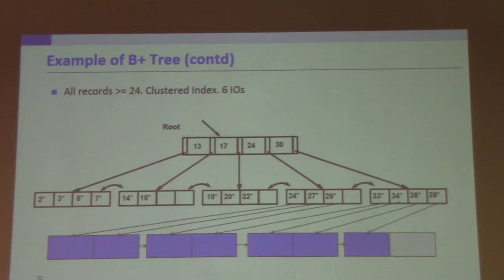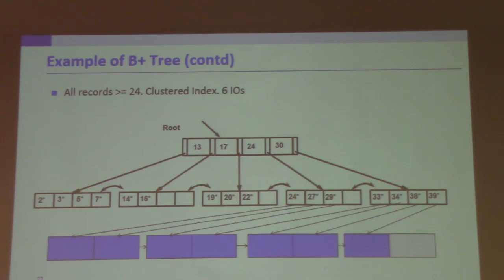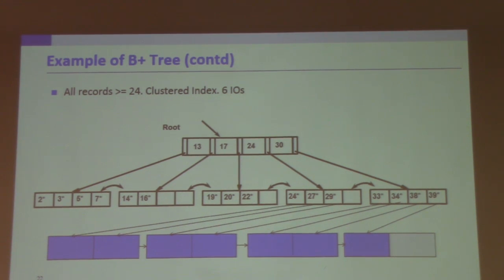And these can sort by different orders, rating, name, and grade, respectively. But no matter how many such B plus trees you build, at the end of the day, your records can only be sorted in one fashion. So only one of them can be sorted in the same order as your records. That's why you can only have one cluster index, but you can have as many unclustered indexes as you wish. Okay?